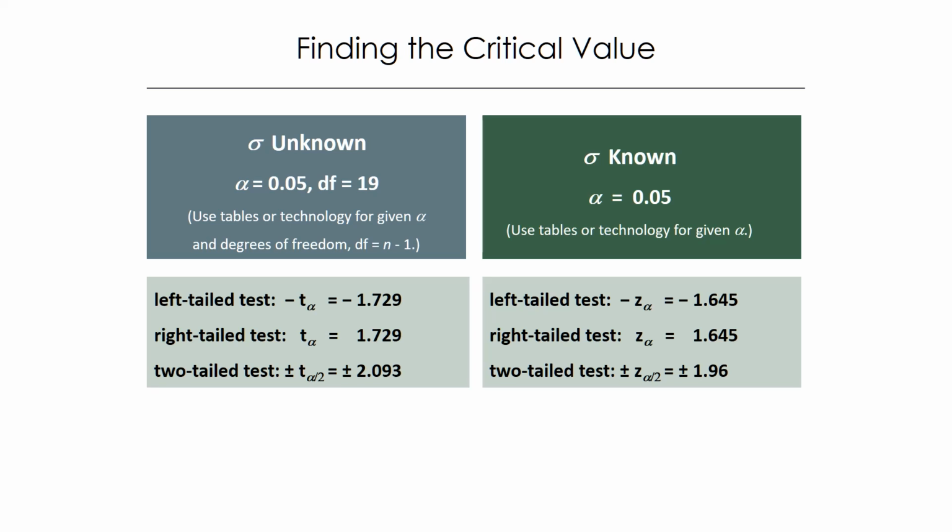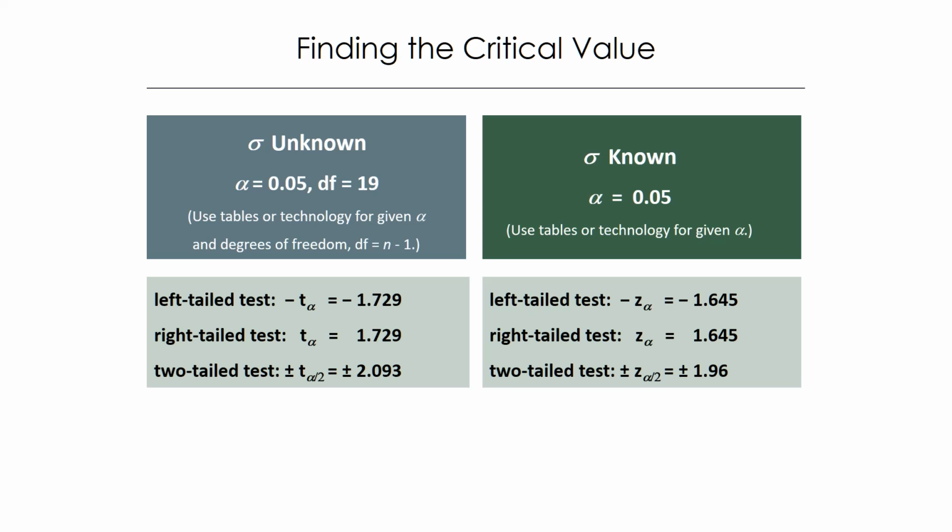And if you have a two-tailed test, then you want to find the t-score that cuts off half of alpha on either side. So you have to look in a different place in the table to see, in this case, half of 0.05 would be 0.025. So we take both positive and negative t sub alpha over 2, in this case, plus or minus 2.093.